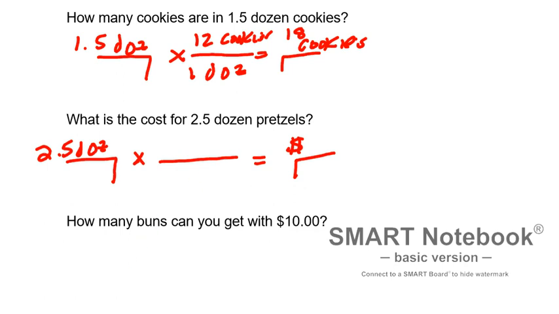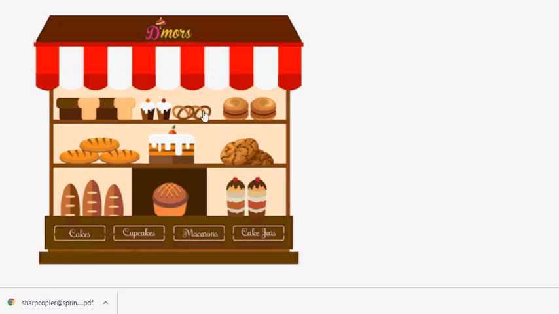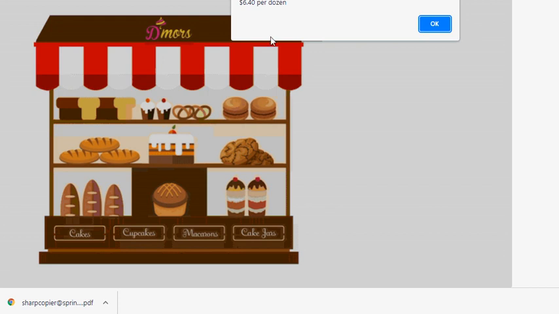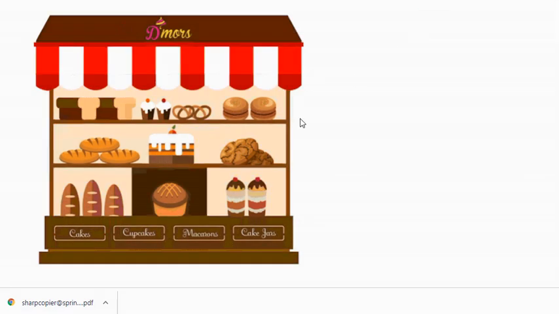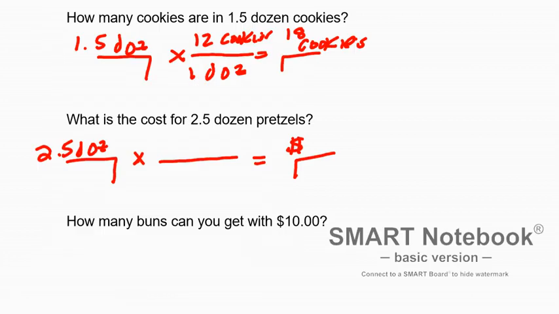So let's go to the bakery. Okay, here it is. And the pretzels, it says it's $6.40 per dozen. So once I visit the bakery, I know it's $6.40 per dozen. So I write it again as a ratio, $6.40 per 1 dozen. That comes out to be $16, because I'm just going to multiply 2.5 times 6.40.